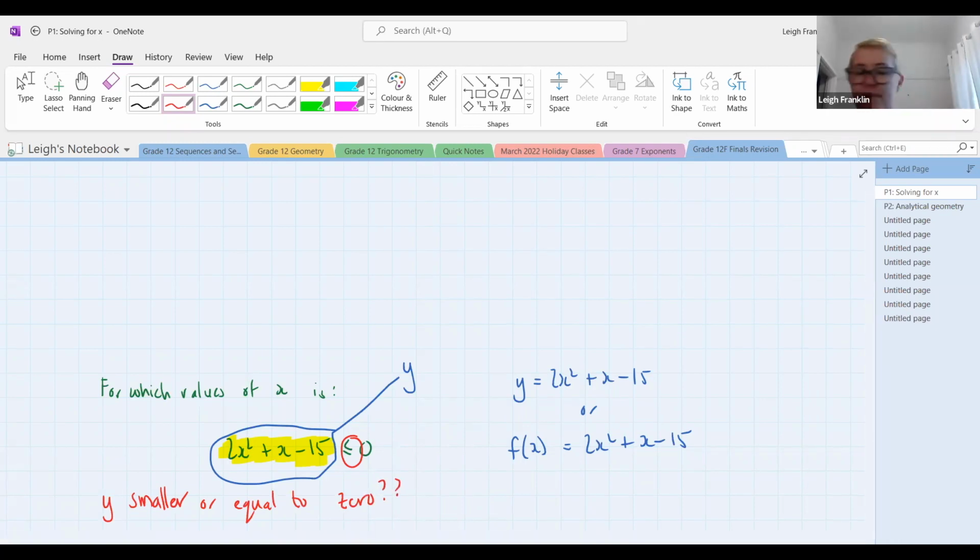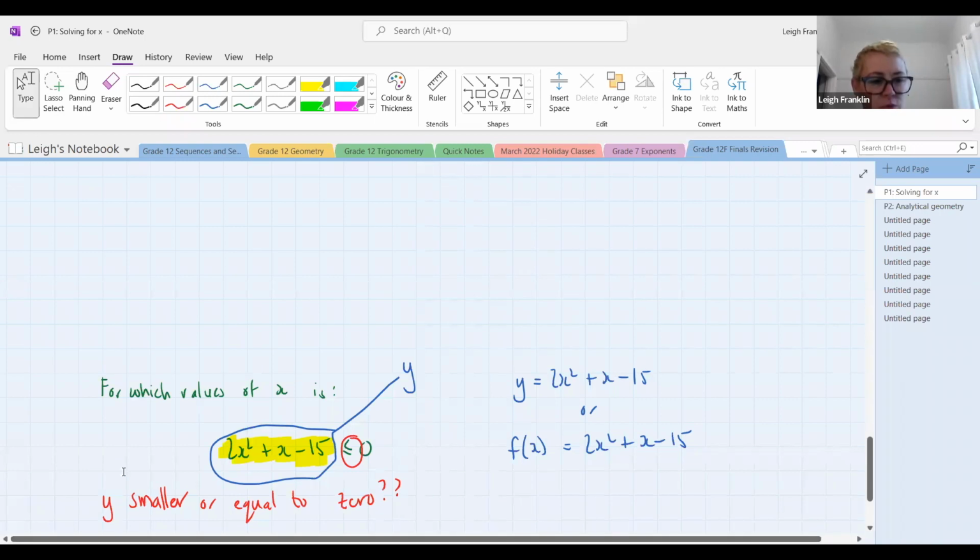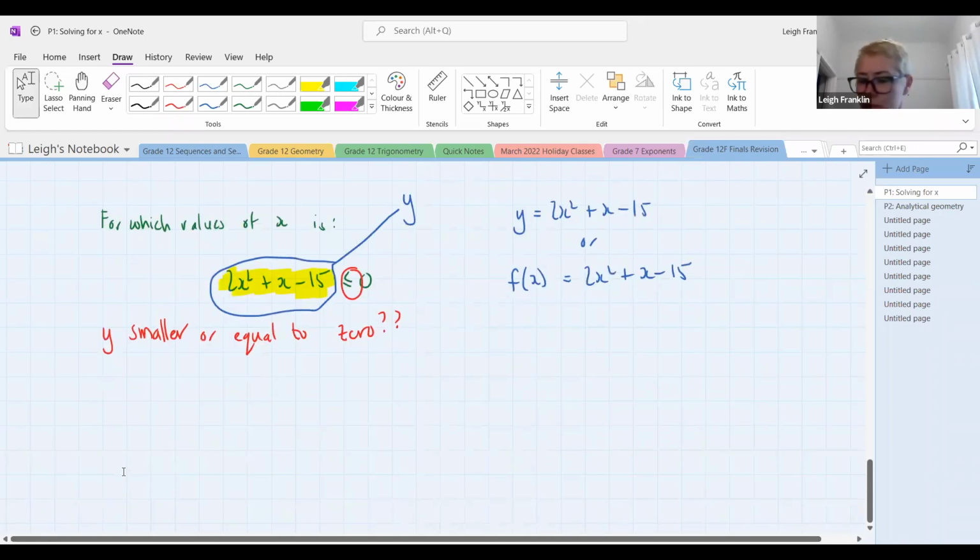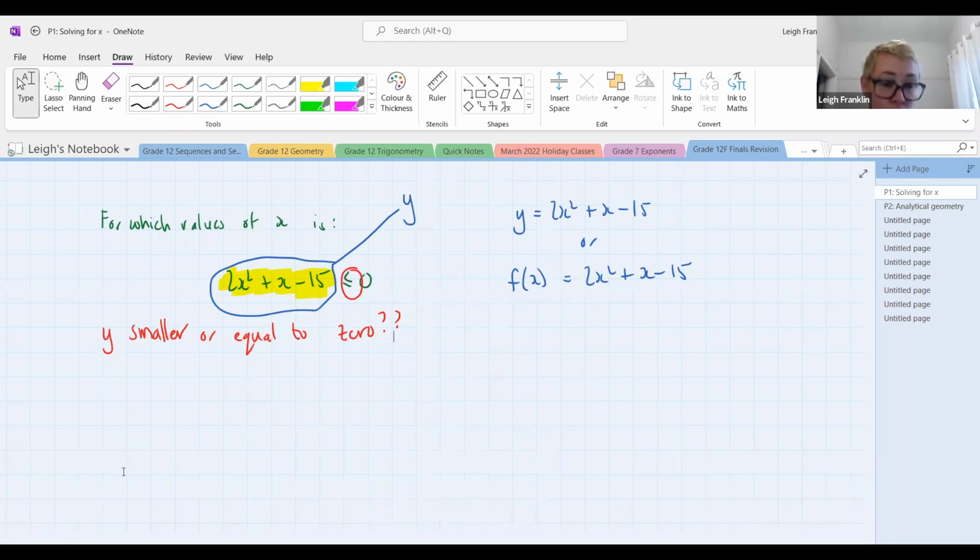Okay, so if I want to find out the values of x for which y is smaller than or equal to 0, I'm looking for the values of x where my outputs y are going to be either 0 or they're going to be negative numbers. So when I draw this on the Cartesian plane, it ends up being a smiley face parabola. Why is it smiley face? Why is this a smiley face parabola, not a sad face parabola?